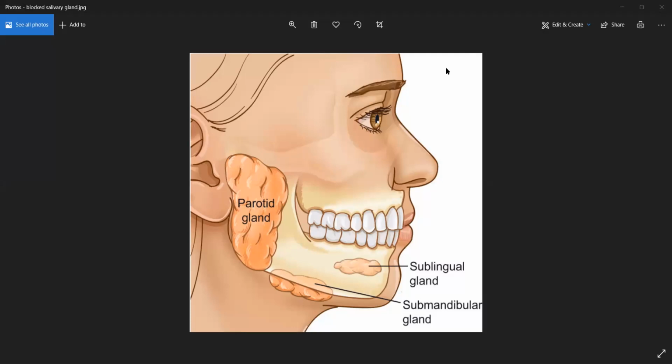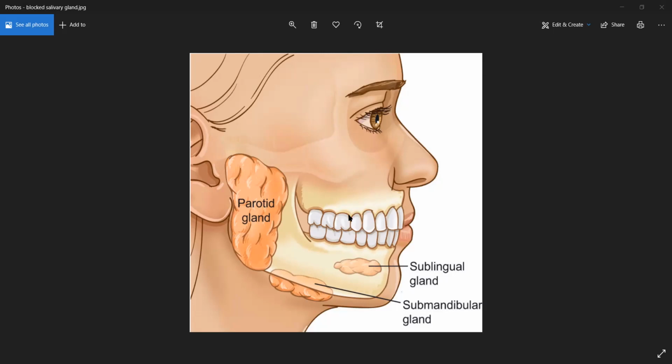As you are all aware, our digestive system comprises the alimentary canal as well as the accessory exocrine glands. Children, before I enter into my topic, I would like to introduce this particular slide for the salivary glands.